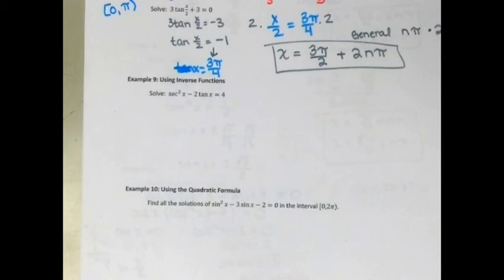Now, if you look at this problem, secant squared and tangent are two different trig functions. So we need to have one trig function in there. Can we turn secant squared to something tangent or tangent to something secant? So look at your trig identities.